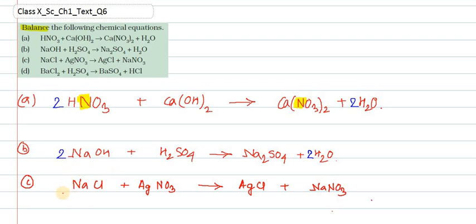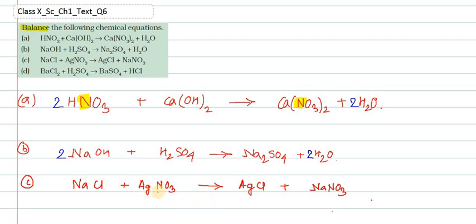Let's balance the sodium first. On the left hand side we have one sodium, and on the right hand side also one sodium. That means sodium is balanced. On the left hand side we have one calcium, and on the right we have one calcium, so it is also balanced. On the left hand side we have one silver, and similarly on the right hand side we have one silver atom, that means silver is also balanced.